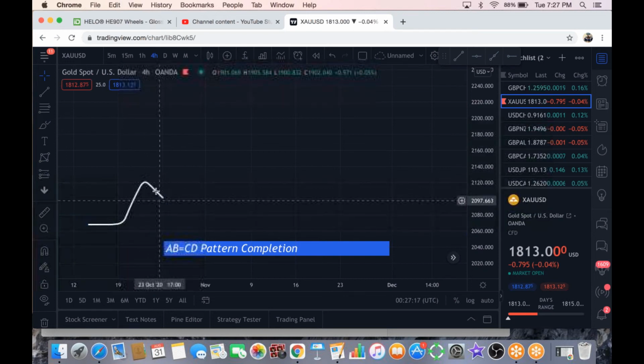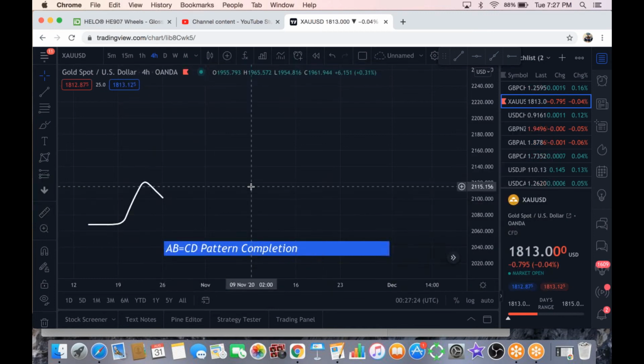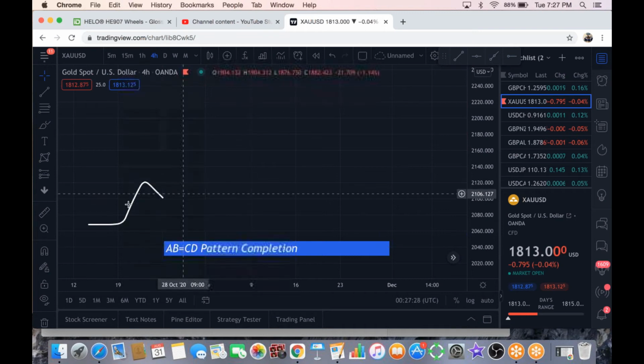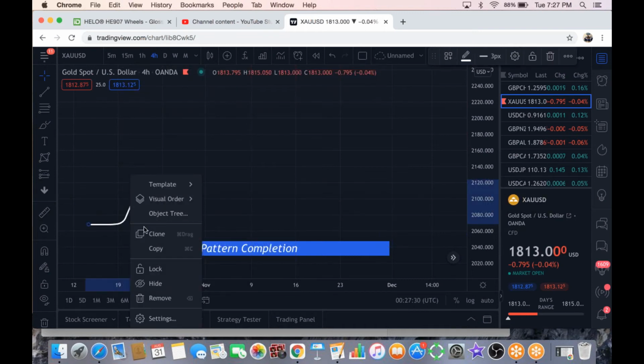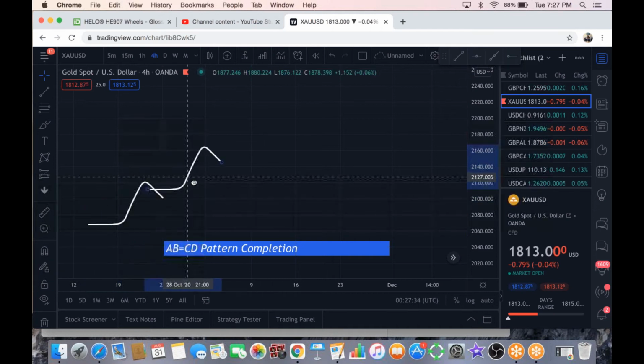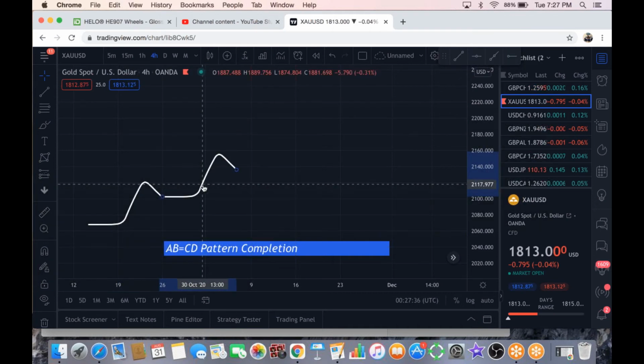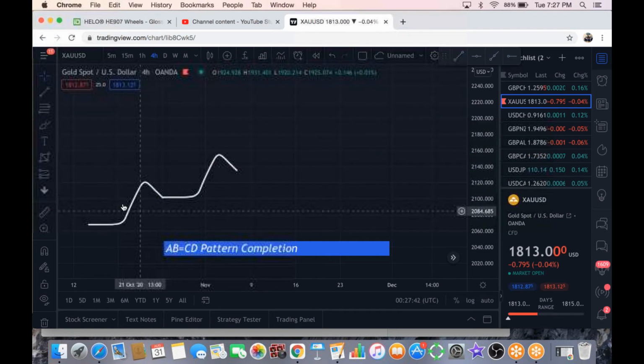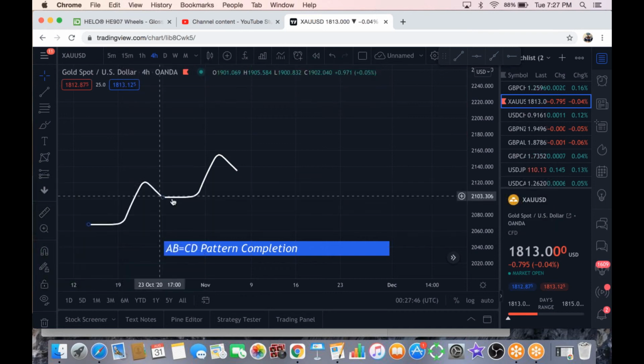And this right here is B. So this is A and B. If you look at what this says, AB equals CD, basically it's a clone of that actual move. Maybe not to the extent of it going down like this, but it's the clone of the movement. So AB equals CD.